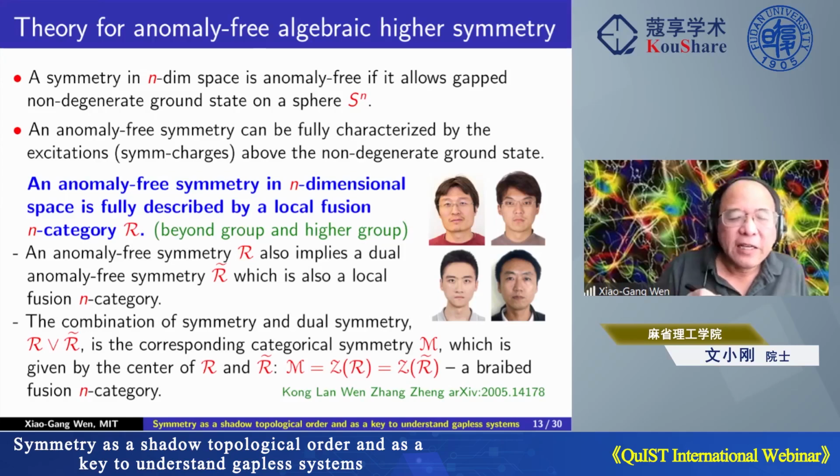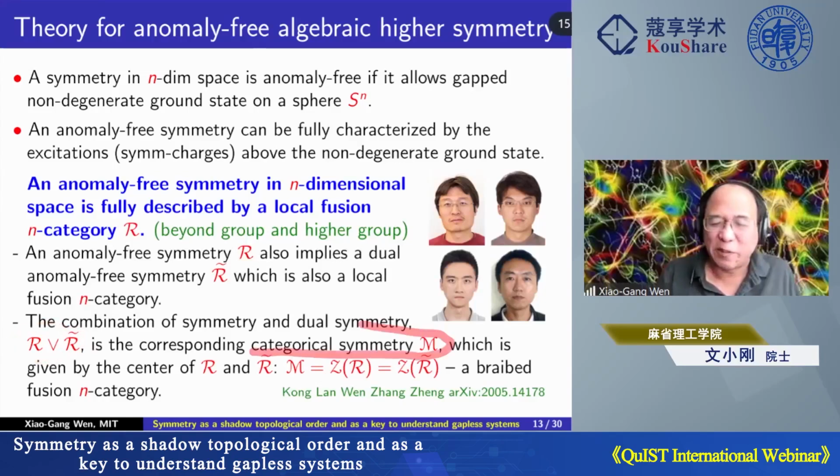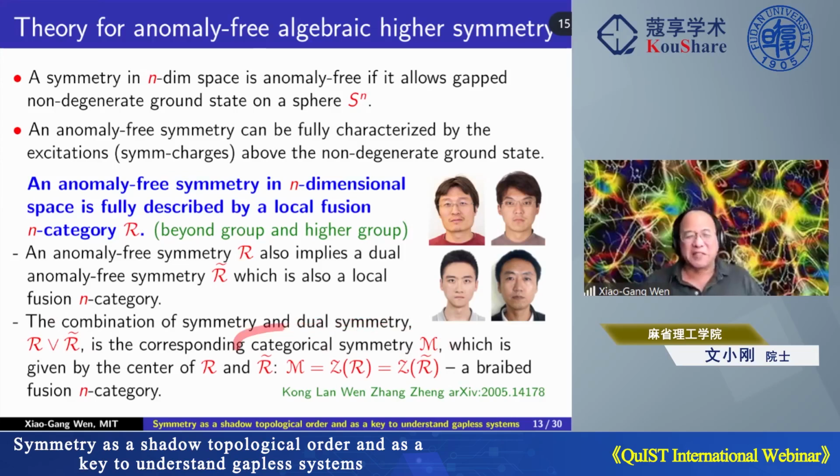Okay. And just similar to the Z2 symmetry, this anomaly-free symmetry R, which I now view as a fusion n-category, also has a dual symmetry we call R tilde, which is also a fusion n-category. Then the combination of a symmetry and dual symmetry gives us a categorical symmetry. They're kind of similar. But certainly this combination is a very vague notion, so exactly how to define it is tricky.